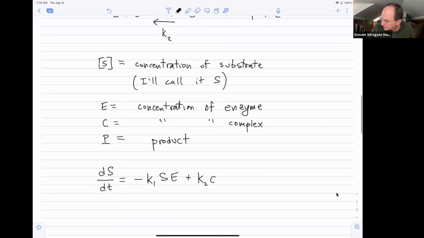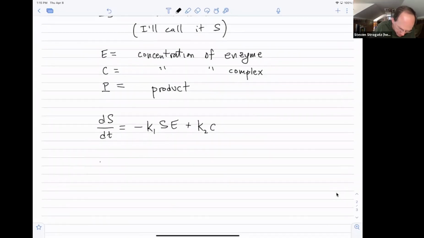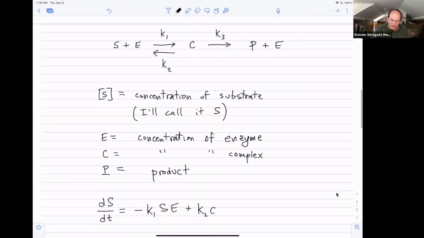That kind of thinking leads us to equations then for the rate of change of the enzyme concentration, dE/dt. We have three different things that can happen. We can lose enzyme because it gets made into complex. That happens at this rate. We can gain enzyme. Excuse me. We can gain enzyme through the complex coming apart to restore enzyme.